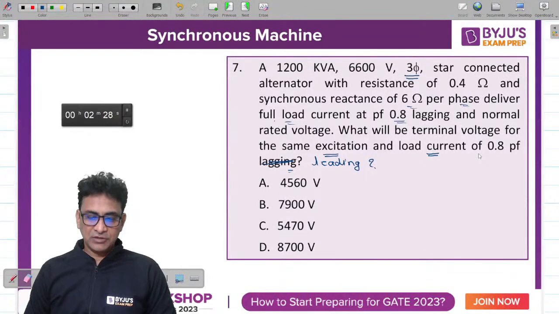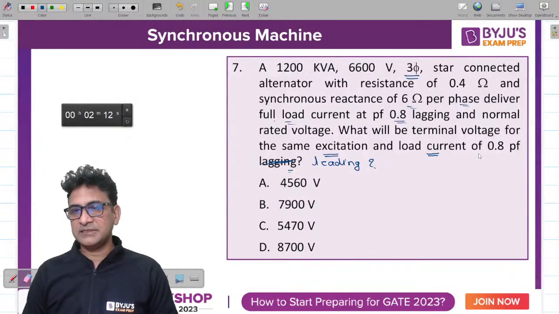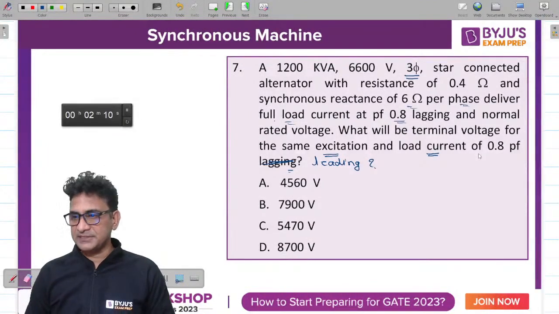It is a 3-phase alternator, so convert every quantity into the per phase quantity first. The first thing that you have to see in the numerical is whether it is a 3-phase machine or a single phase machine.